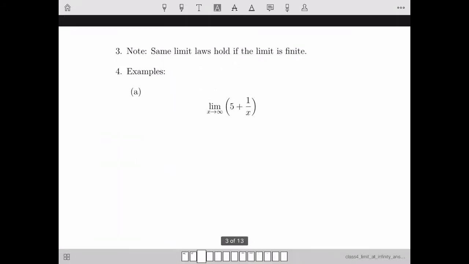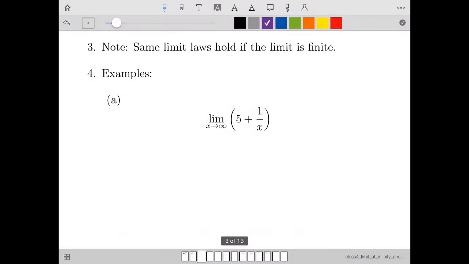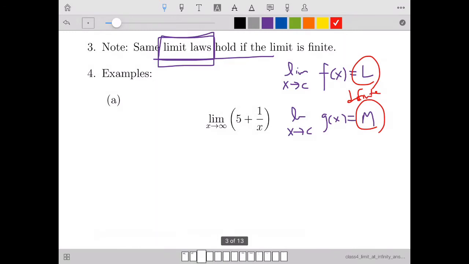So 3, the same limit laws hold if the limit is finite. So the limit laws, we used when the limit as x approaches c of f of x equals L, and the limit as x approaches c of g of x equals m, where L and m were definite finite numbers, and then c was also a finite number.